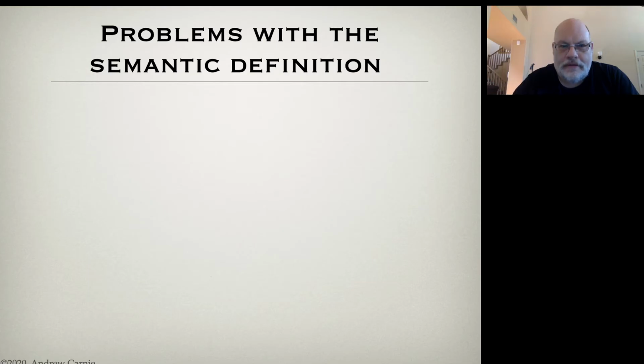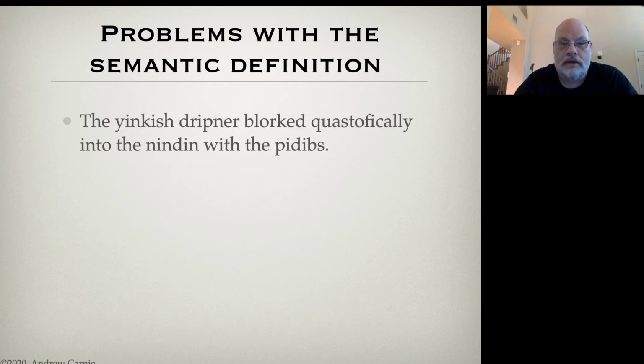If you're not convinced, I think this next case will really convince you. Take this sentence filled with made-up words for English. The Yinkish Dripner blorked quastophically into the Ninden with the Pittibs. Now, what's particularly interesting about this sentence is I sincerely hope that none of you know what Yinkish means, or Dripner, or quastophically, or blorked, Pittibs, or Ninden.